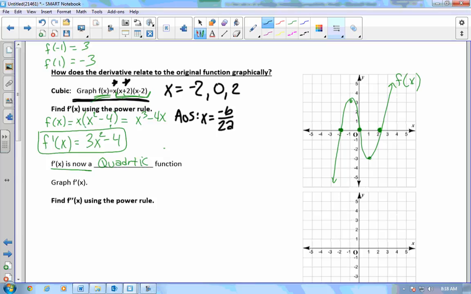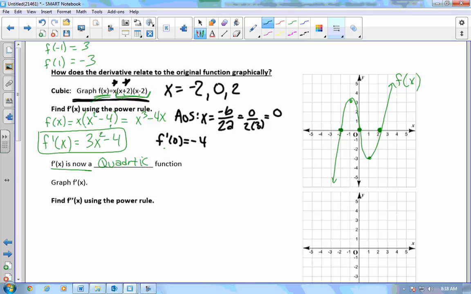So the x-coordinate of our vertex would be, the b value is 0, divided by 2 times 3, which is just 0. Okay? So we plug in 0, f prime of 0, negative 4.